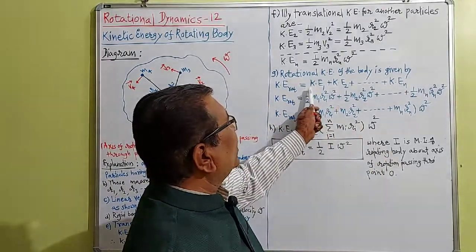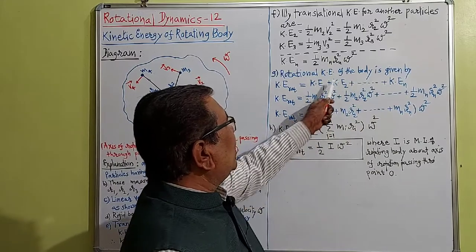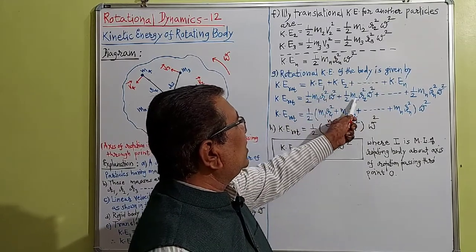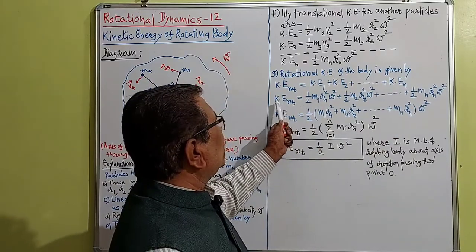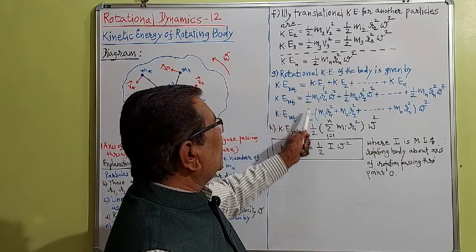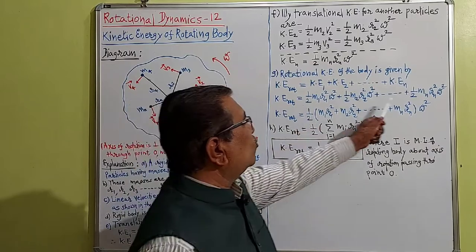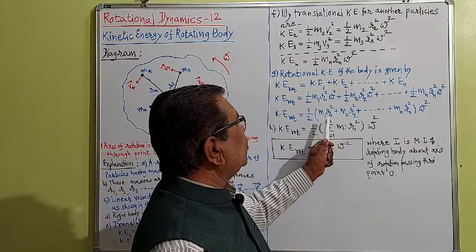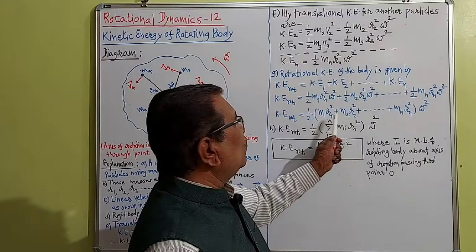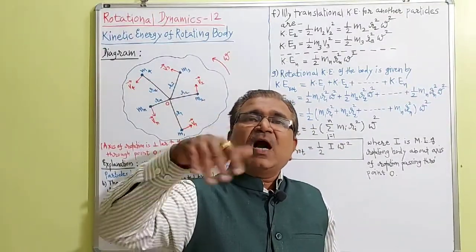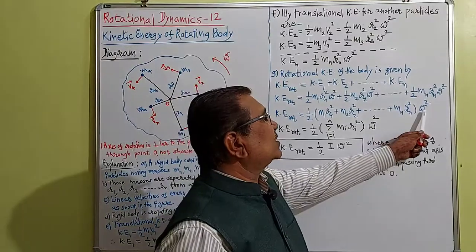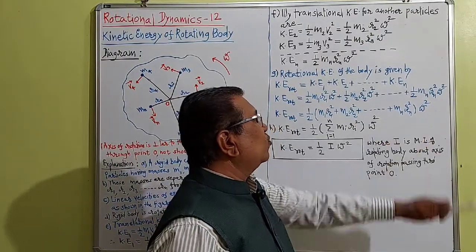I have already written that formula here. By putting the values of KE1, KE2 ... KEn, we get the rotational kinetic energy. By taking 1/2 common throughout, what is remaining inside the bracket, dear students? m1 r1 square plus m2 r2 square plus ... plus mn rn square. Outside the bracket, another common constant term is omega square.